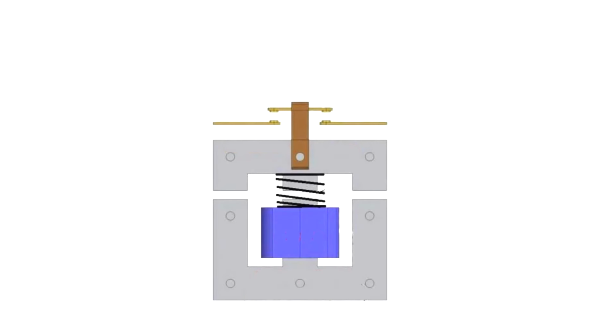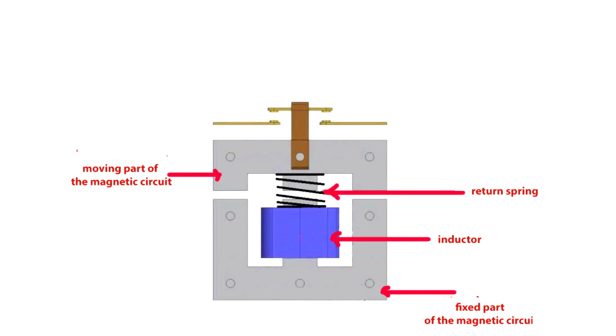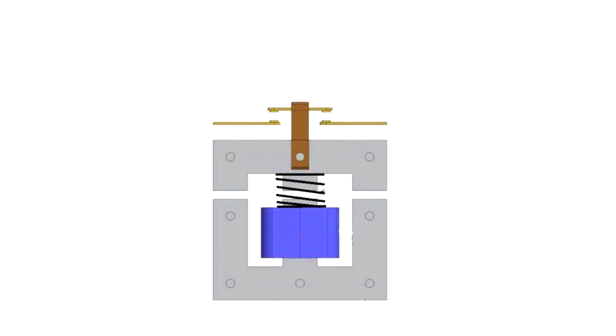Structurally, the contactor consists of the following elements: moving and fixed parts of the magnetic circuit, an electromagnetic coil wound on a core, movable and fixed contact plates, and a dielectric holder to accommodate the contact group. And the principle of operation of a magnetic starter is as follows. When the starter is turned on, an electric current begins to flow inside the inductor.